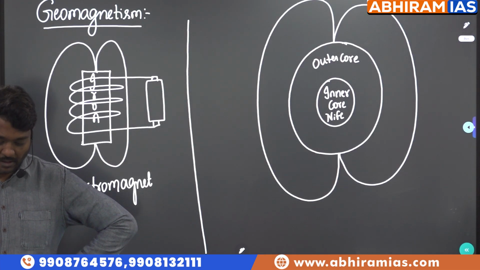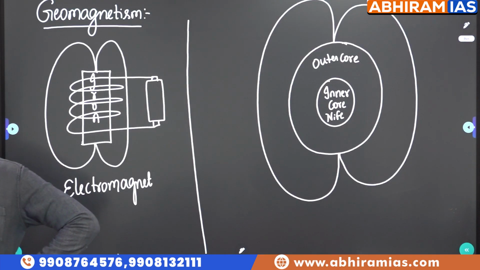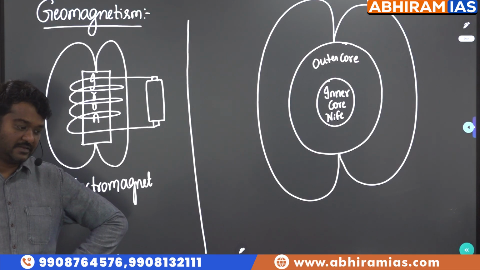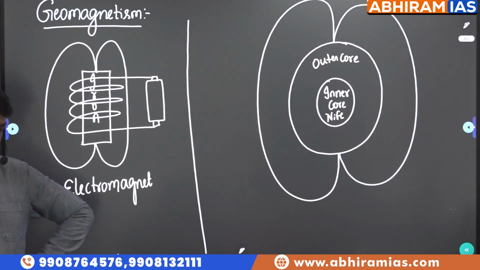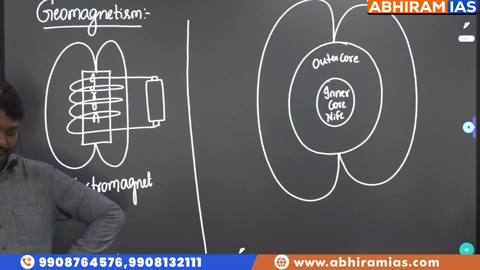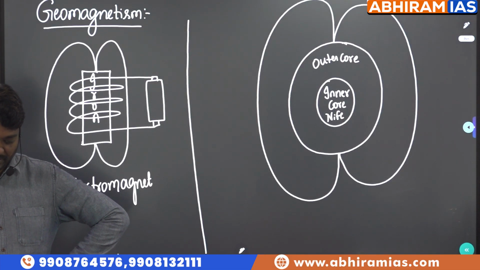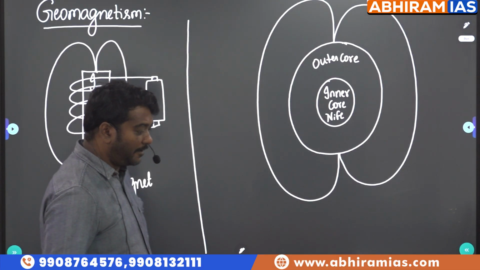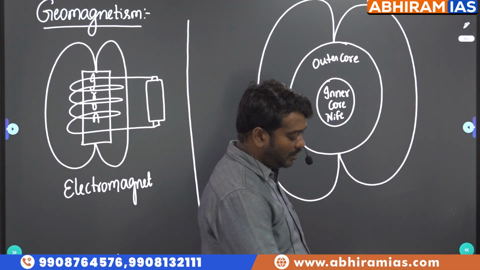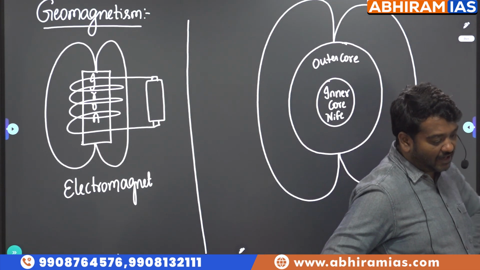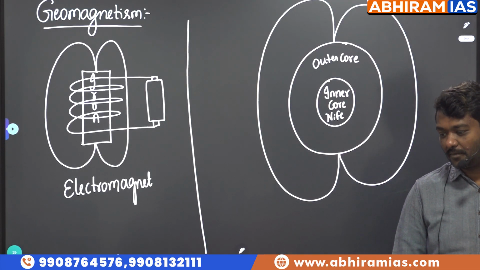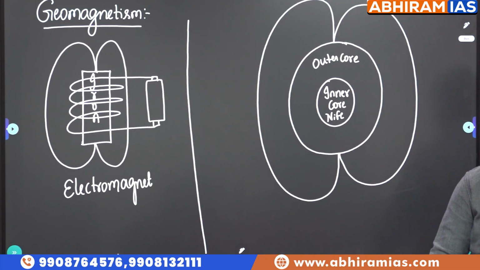Next point, most of the planets have a magnetic field. The characteristics required for a magnetic field are, first one, the planet must be rotating faster, very important.